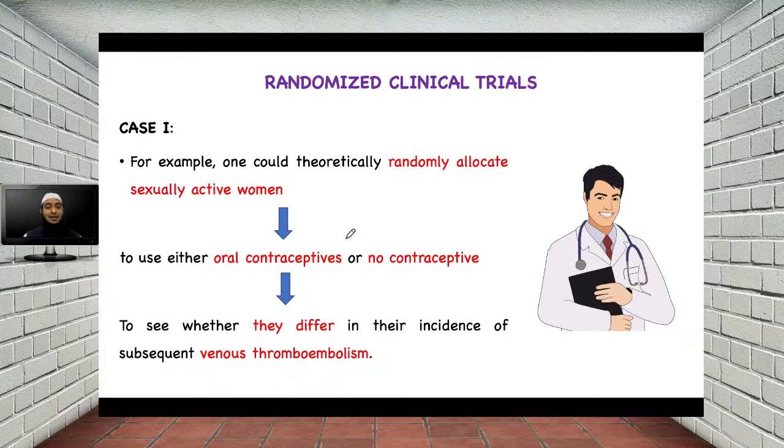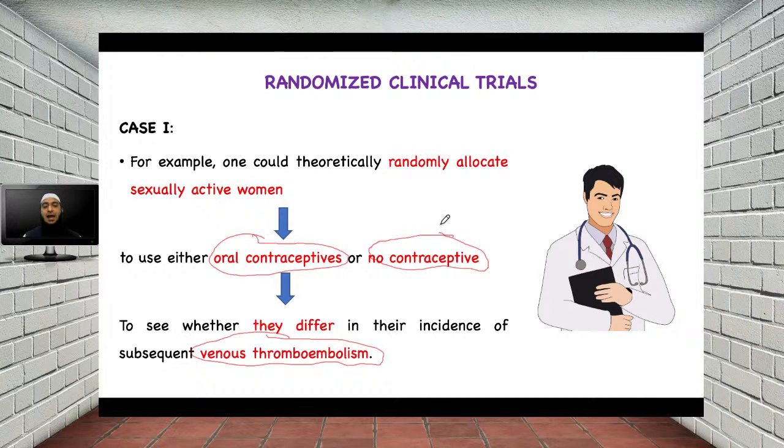So after randomly allocating these patients, you can easily compare how they differ in their incidence of subsequent venous thromboembolism. Is venous thromboembolism seen in patients on oral contraceptive treatment, and is there no sign and symptom of venous thromboembolism in the unexposed patients?